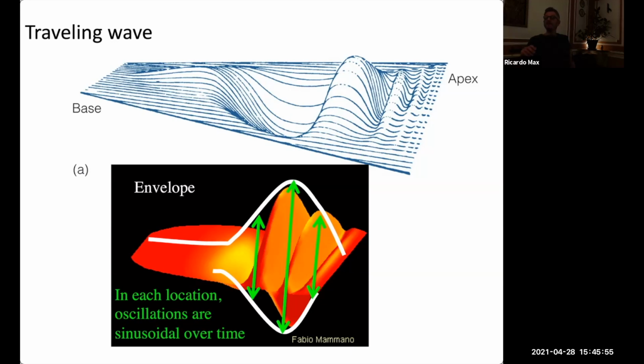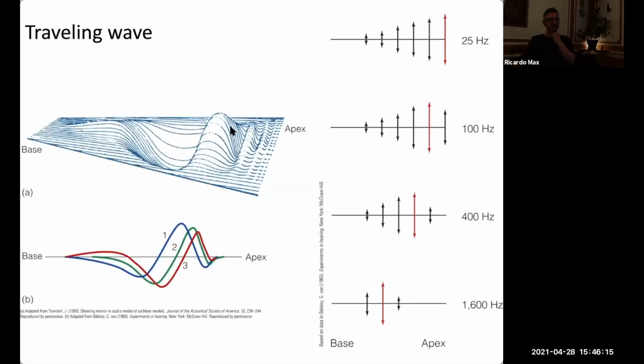So what happens is that different frequencies result in different envelopes, meaning that different parts of the membrane will have higher and lower amplitudes in different places according to the frequency. Now here we can see it better.